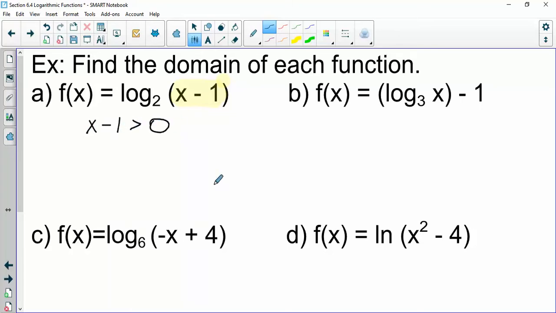Whatever is in there has to be greater than 0. So if you add your 1 over, x is greater than 1. So it's starting at 1 and everything larger than that, so it would be 1 to infinity. It can't equal 0, so the 1 gets a parenthesis, not a bracket.